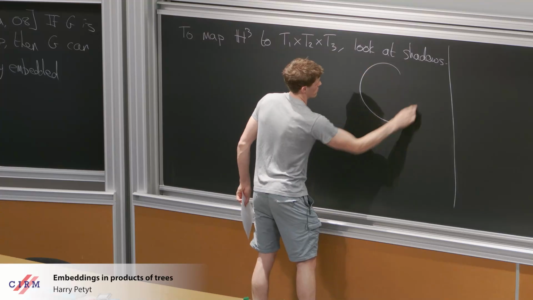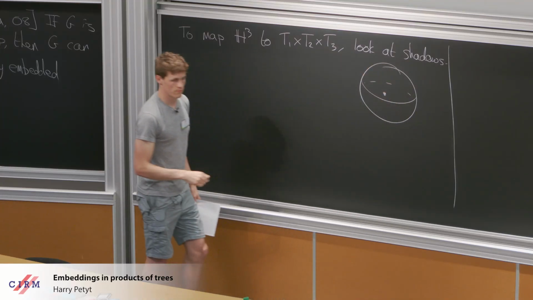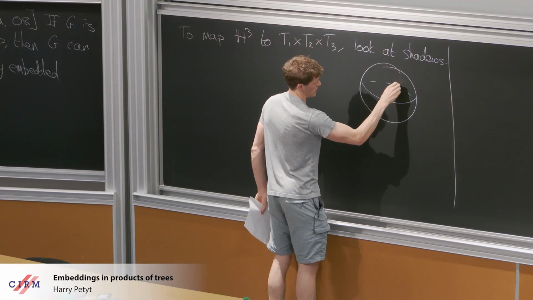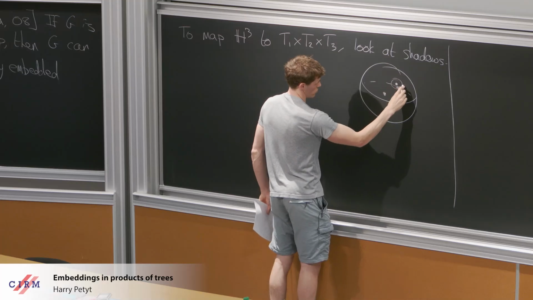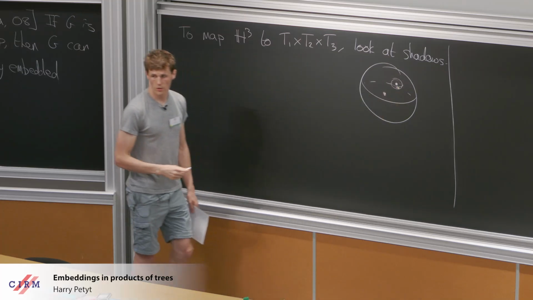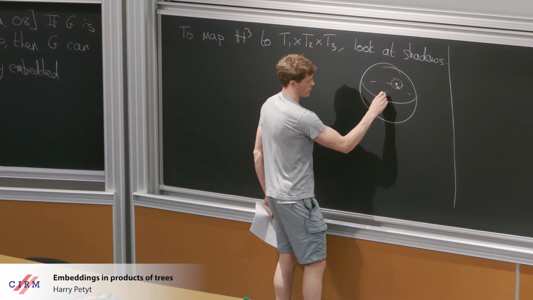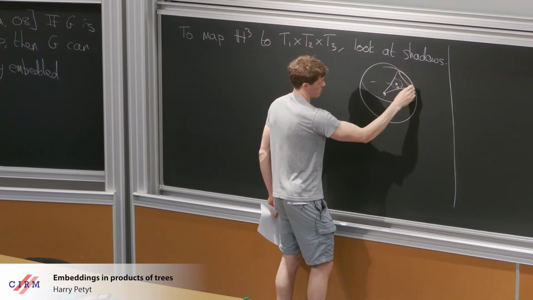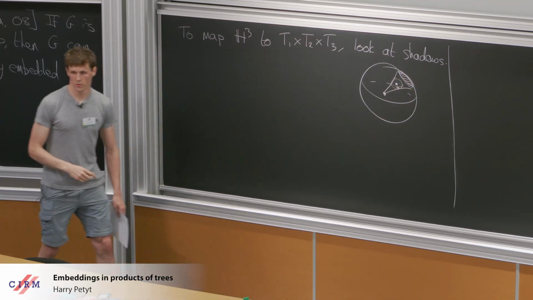So here's H3, and I pick some base point. And now, if you give me some point x here in H3, I'm going to draw the unit ball around it. And then I'm going to look at all of the geodesics that go through that ball. And that gives some shadow in the boundary.